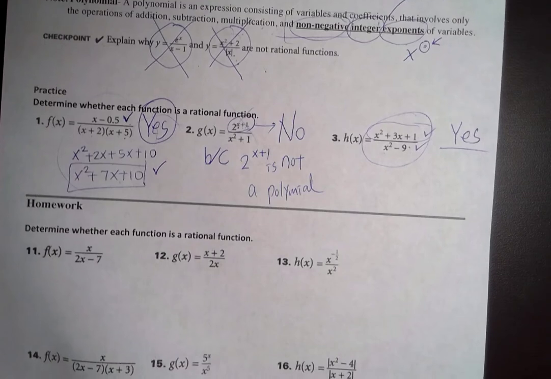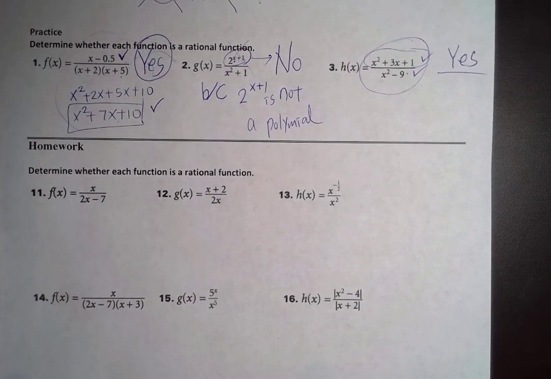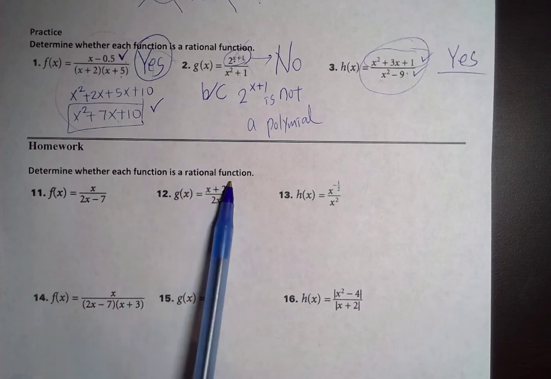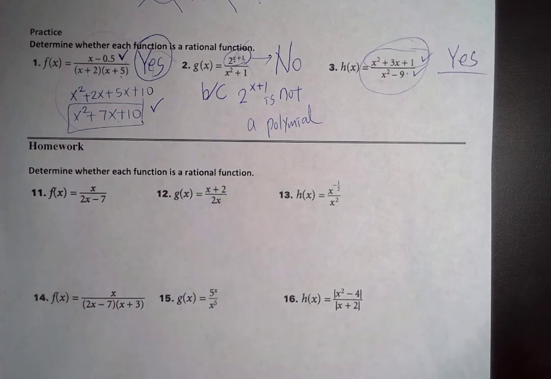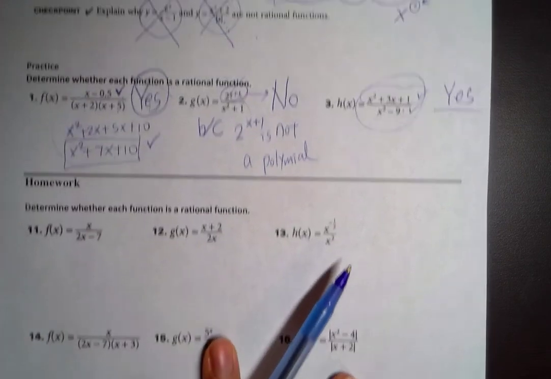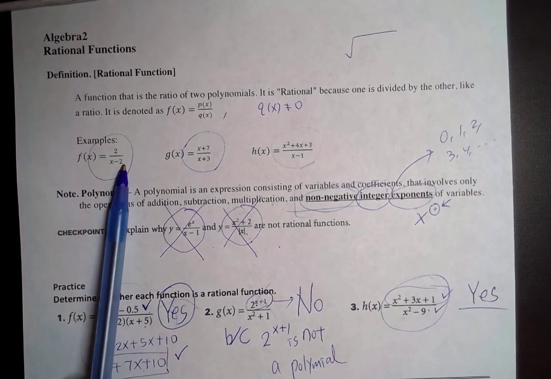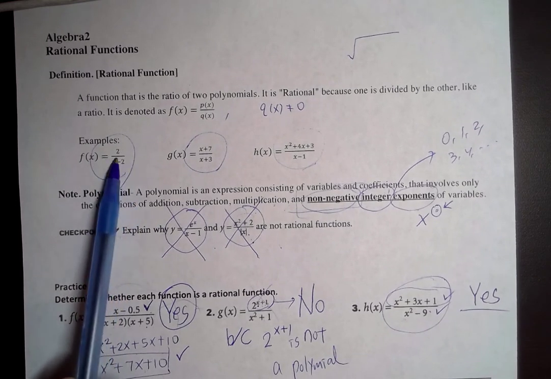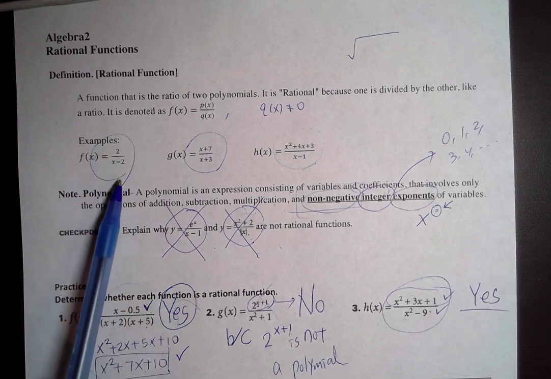So look at this. On the bottom of the page, you have your homework. Determine whether each function is a rational function. You just say yes or no, and if that is no, I want to see the reason why that is not rational. All right, so I told you to be a rational function, you need to have a fraction form, like division form, but both of them are polynomials.